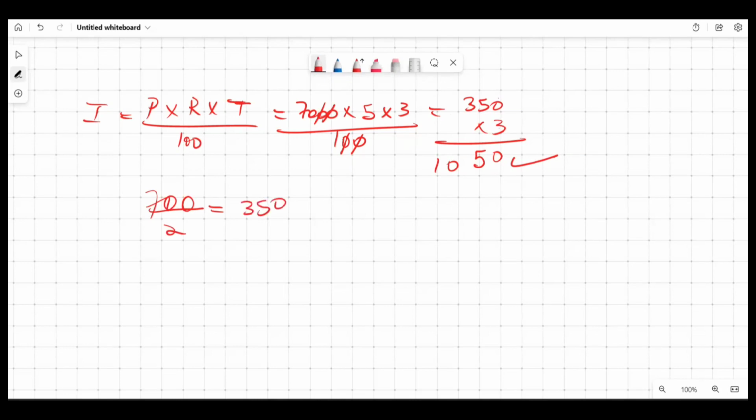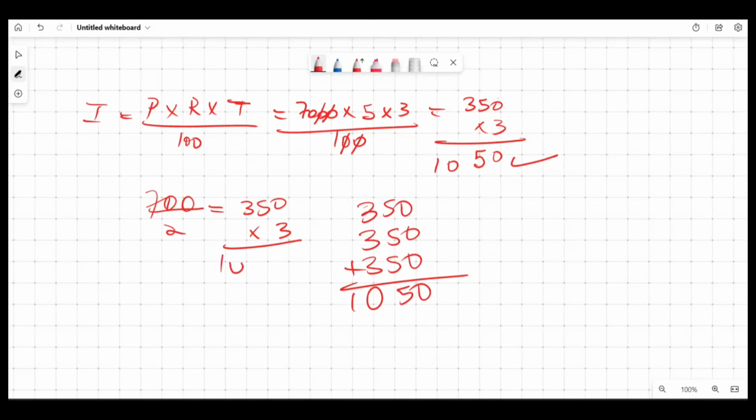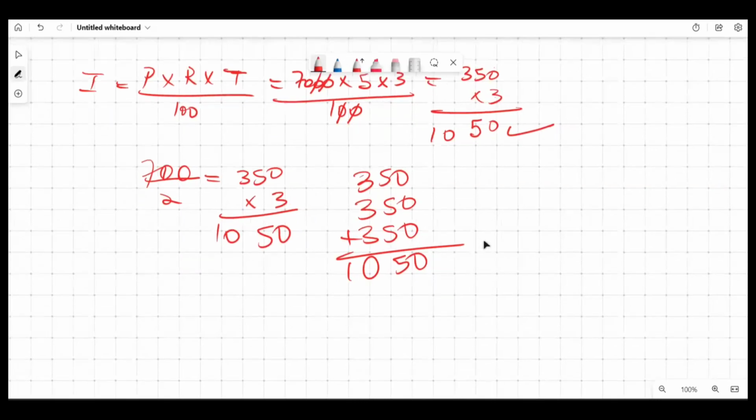So even without calculating any formula, that's 5%. And this is for 1 year. And I'm going to go for 3 years. So you do it 3 times. Doesn't matter. You're going to get the same answer. So as I said, it's up to you, depending on how you feel in the exam, right? It could work.